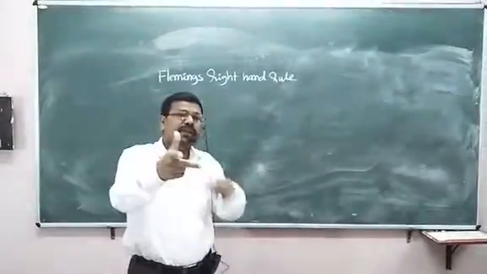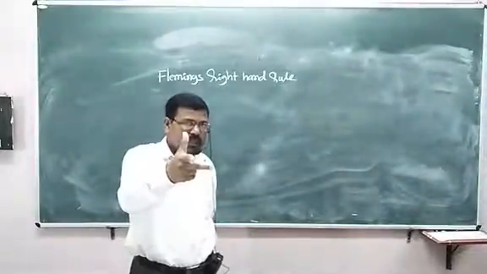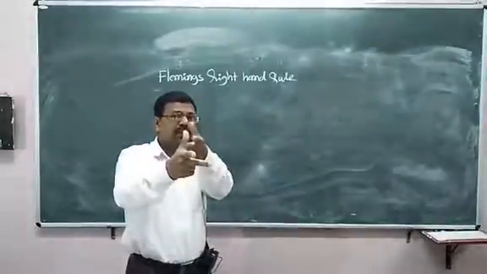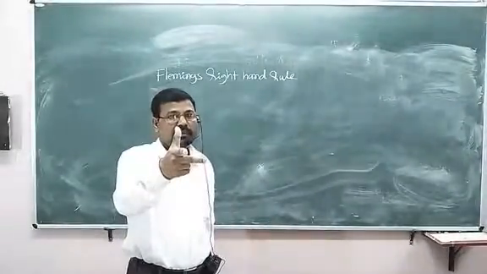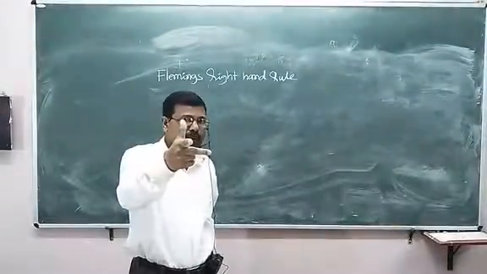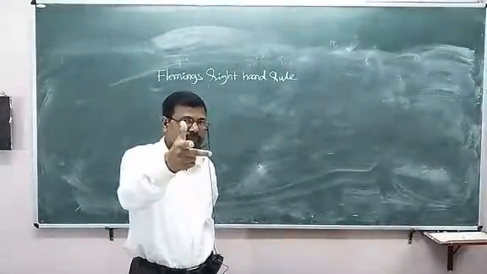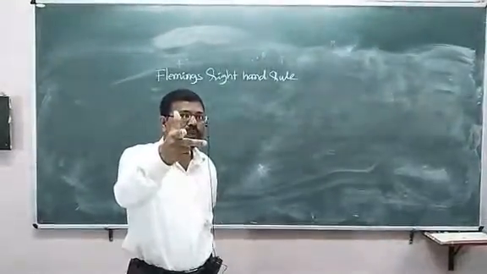Then the thumb shows the direction of motion of the conductor. The forefinger shows the direction of magnetic field. The central finger shows the direction of induced current.